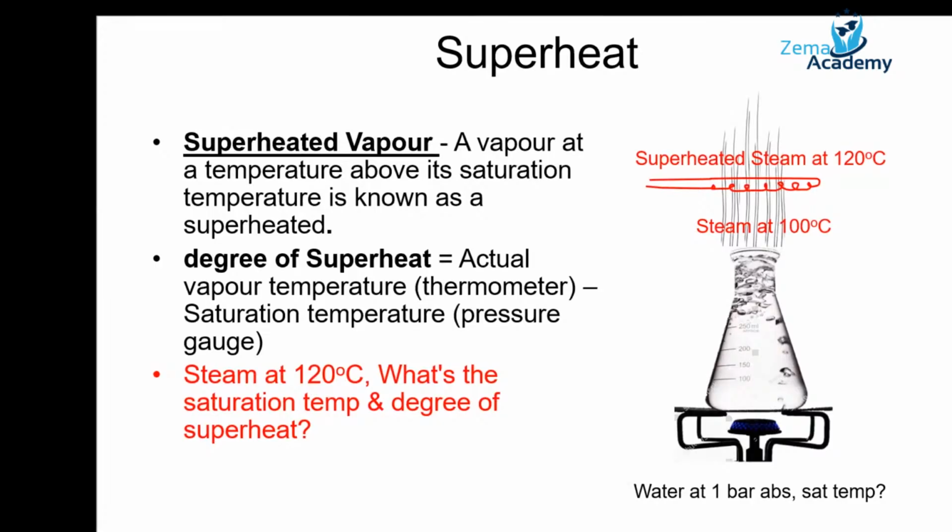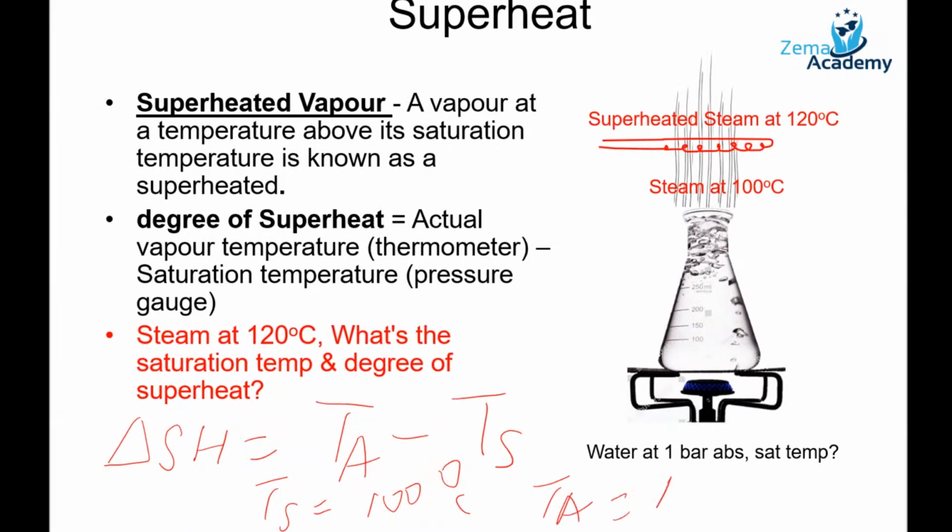We can calculate the degree of superheat: degree of superheat is equal to actual temperature minus Tsat. One example: we have water boiling, the steam is at 100 degrees C and the superheated steam temperature is 120 degrees C. What is the saturation temperature and what is the degree of superheat? T actual is 120 degrees C, and therefore the degree of superheat is 120 minus 100, which is 20 degrees C.